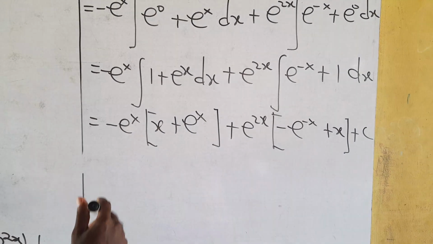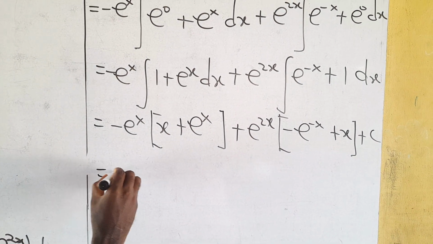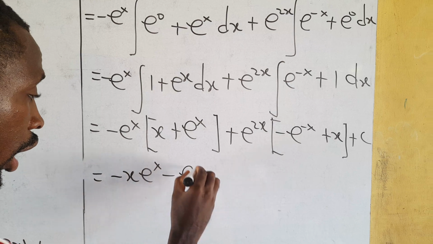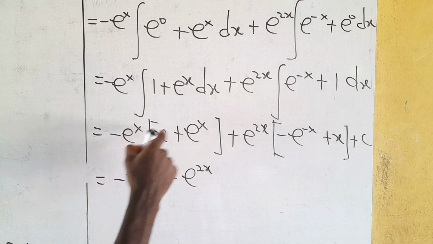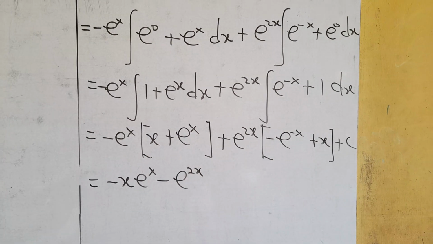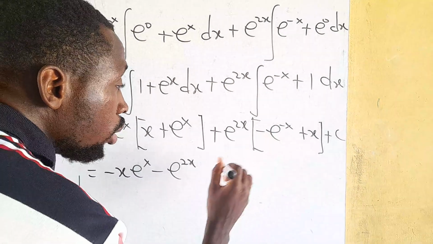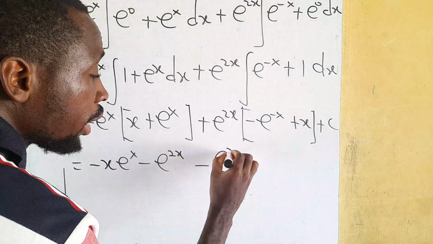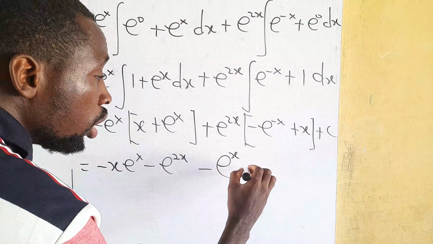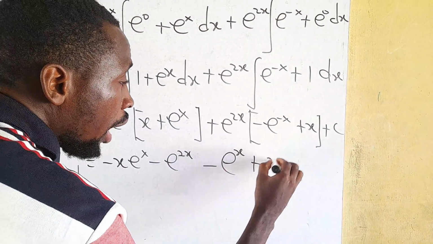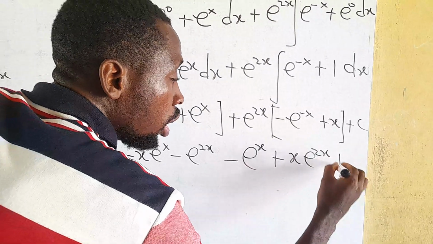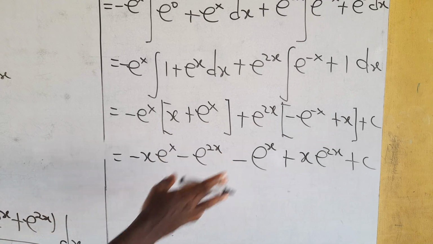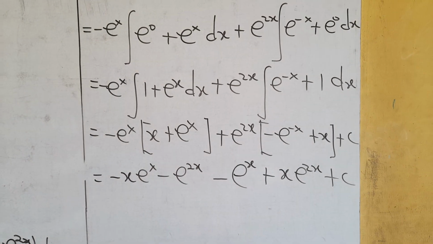So now we multiply this by this, we'll get minus e exponent x times x plus e exponent x, minus e exponent 2x. That's e exponent x times e exponent x will be e exponent 2x. Then this times this will be minus e exponent x. Then this times this will be plus x e exponent 2x. Then plus our constant of integration. Now we group like terms, we bring the e exponent 2x together and the e exponent x's together.